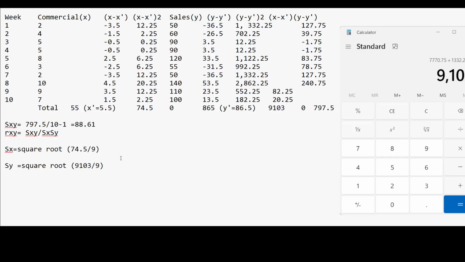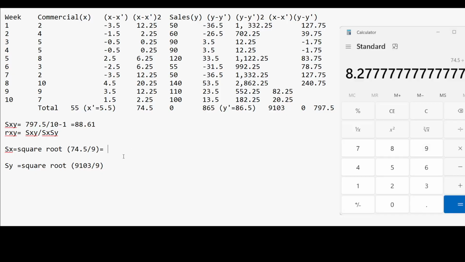So that's the value of this one, guys. 74.5 divided by 9.